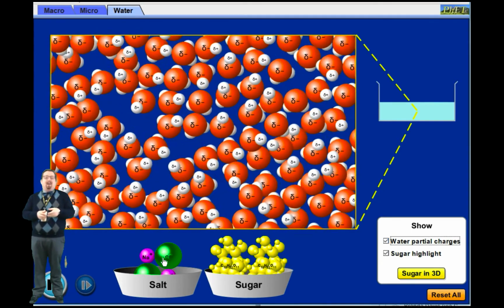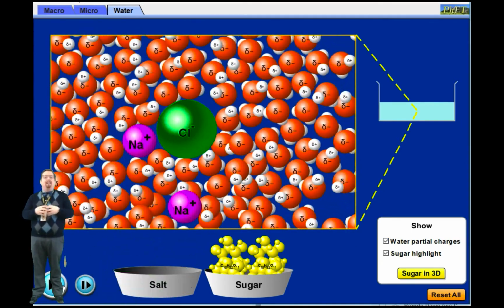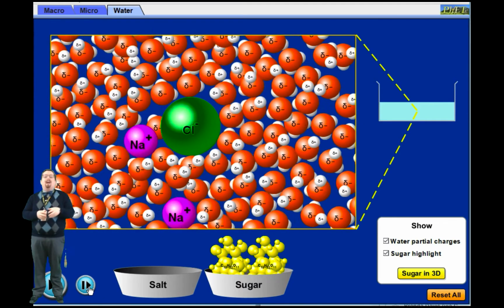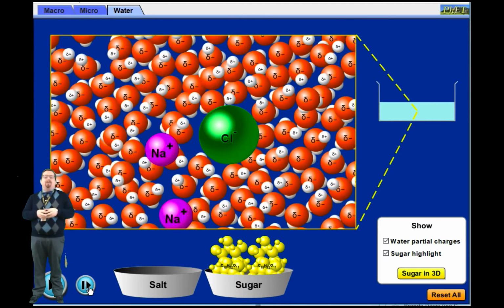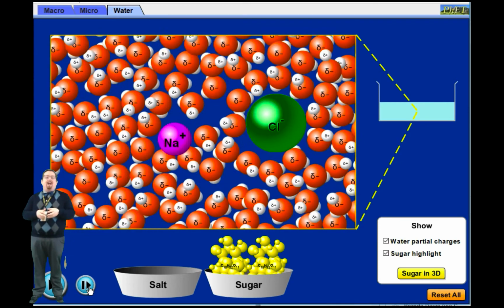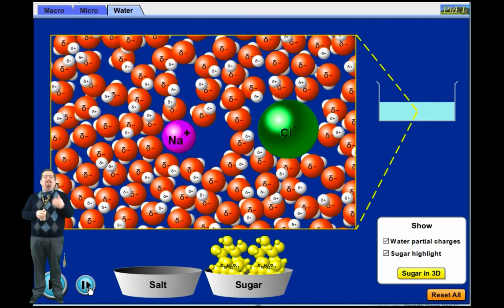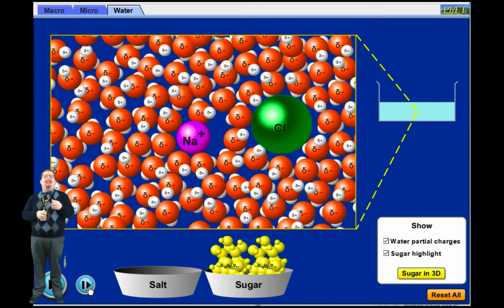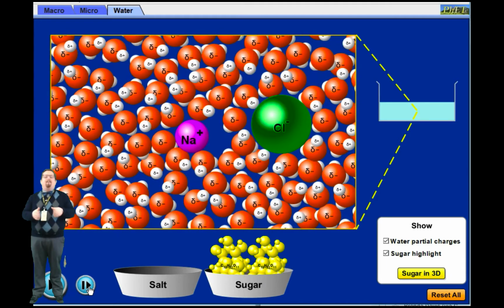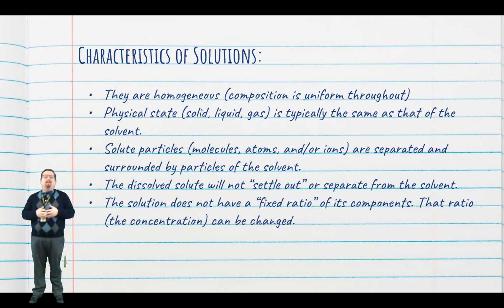When we throw some salt in there, we see those ions get completely split up. Notice how the water's partial negative charges surround the positive sodium ions, and the partial positive charges on the water surround the negative chlorine ions. In both of these instances, our substances are being split apart and surrounded by water molecules. For now, that's the really important part of this animation.